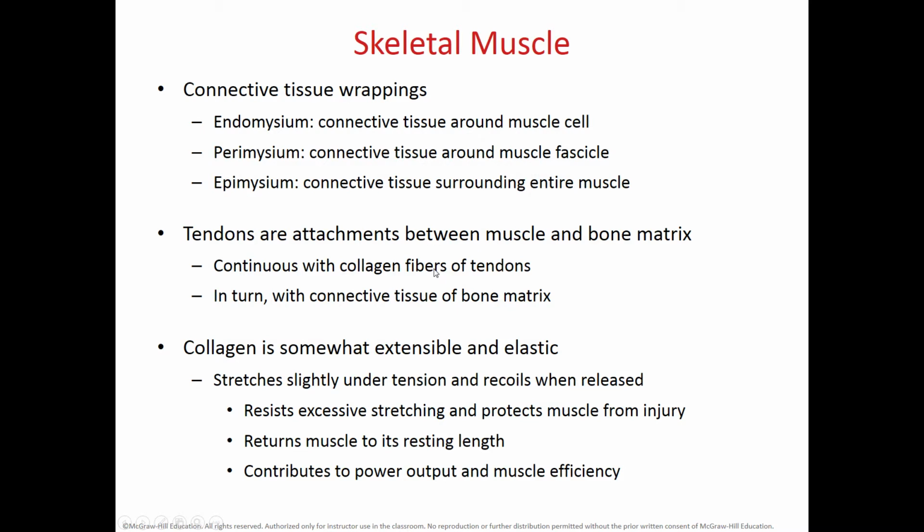So these are the connective tissue wrappings of the skeletal muscles that help with protection. We have a membrane that individually wraps each muscle fiber, or muscle cell, that is known as endomysium. Remember, endo means inside, and mysium means muscle. Then several muscle fibers nearby form a collection of muscle fibers that we call muscle fascicles.